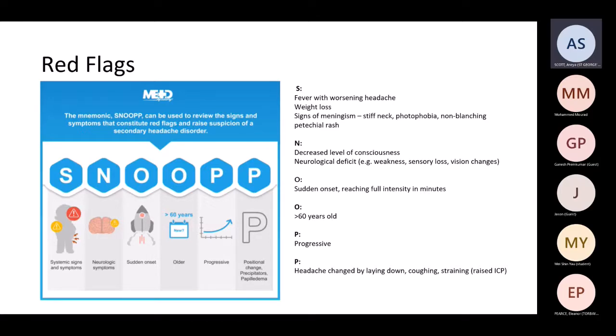I think that probably mainly relates to temporal arteritis, and that's something that usually occurs in older people. And P is if it's getting progressively worse. And the other P, it's SNOOP with two Ps, is if the headache's positional. So if it's worse when they lie down or when they cough, then that's a bad sign.